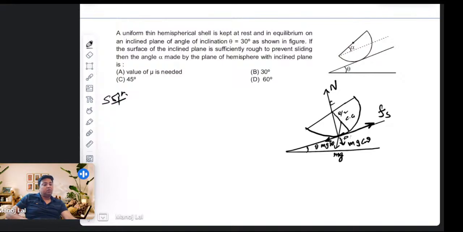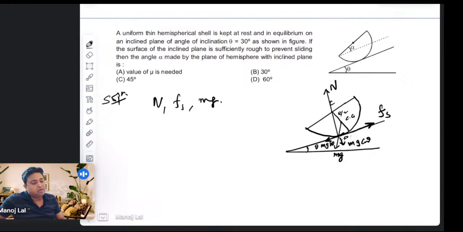All right. So mg sine theta is downward, so the static friction will be upward, and then mg cos theta is perpendicular to the inclined plane. So now, these are the forces acting on this hemisphere: one is the normal reaction, the other is static friction, and then mg.